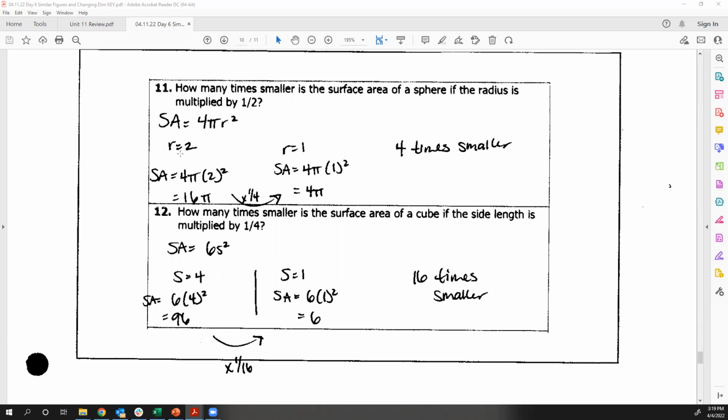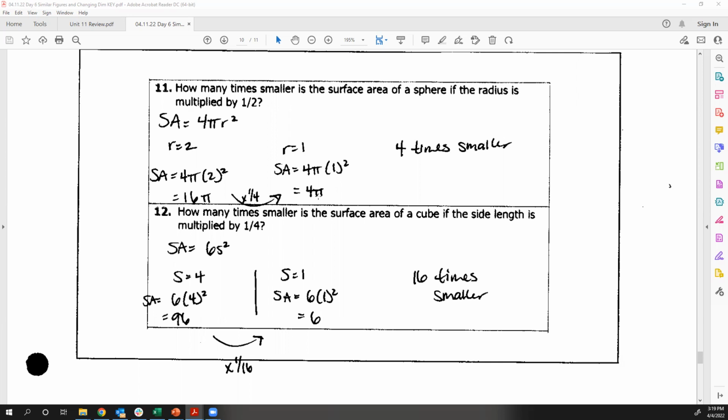So if my original radius was 2, then 4 pi times 2 squared was 16 pi. If I multiply that radius by 1/2, now my new radius is 1. So now this new surface area is 4 pi. How do you go from 16 pi to 4 pi? Yes, you divide by 4, but I'm not asking what you divide it by. I'm asking how many times smaller it is.